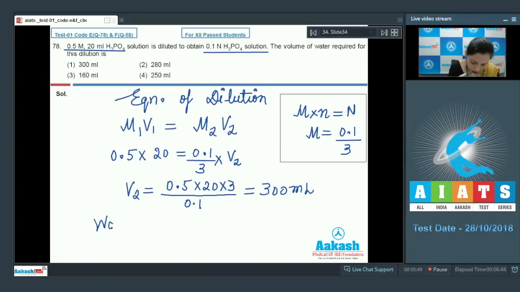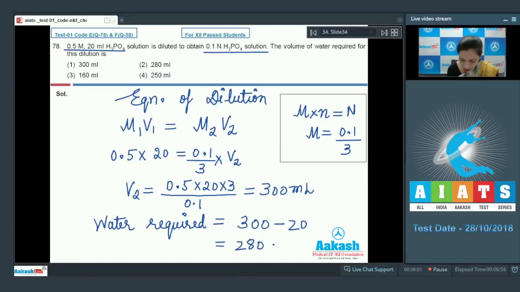So, the water required would be equal to 300 minus already present 20 ml, that is 280 ml. And yes, this is the answer for this question that's given in option 2, and that's why the answer is option 2. Now let's move on to the next question.